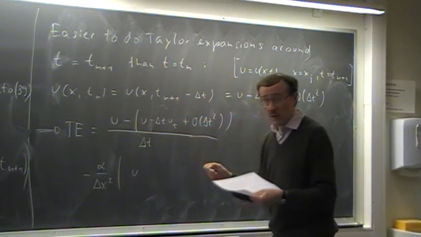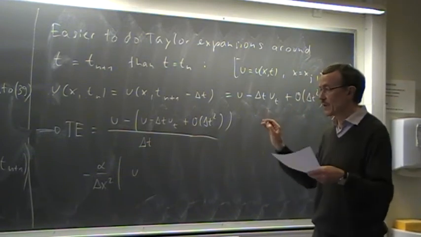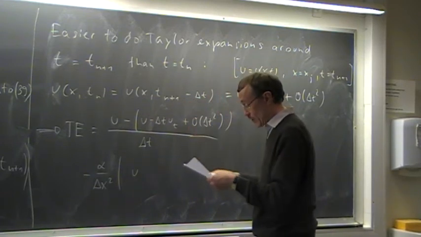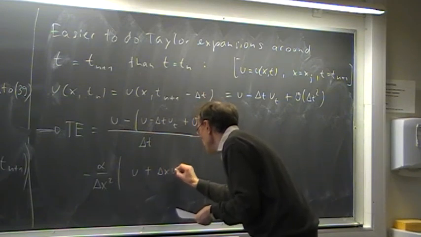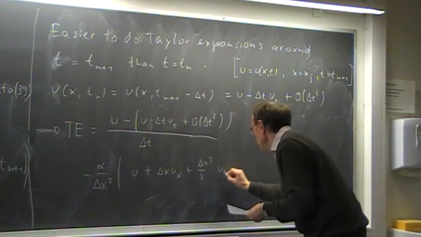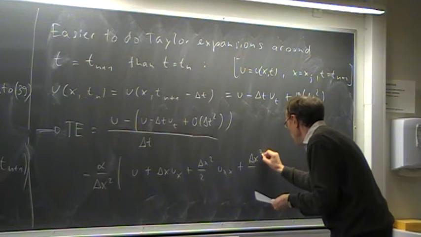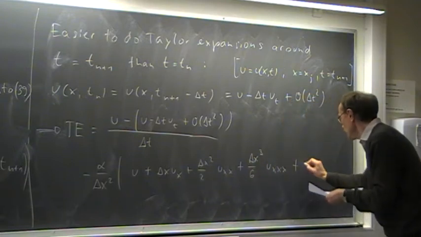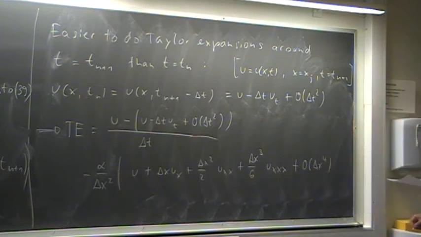It is the same as for forward time center space, but it is taken at the new time level. But this doesn't make any difference because we are doing the expansion in x. So we get then the u plus delta x ux plus delta x squared half uxx, and delta x to the power 3 divided by 6, third derivative, and also here we don't need to be more ambitious than that.